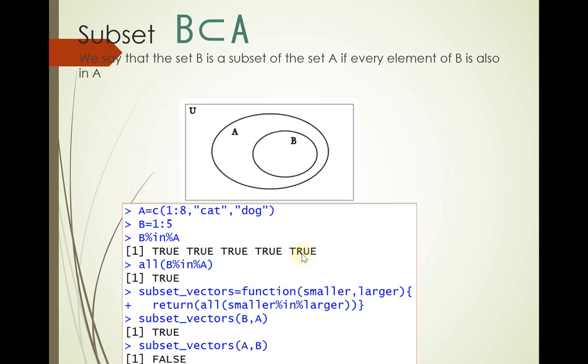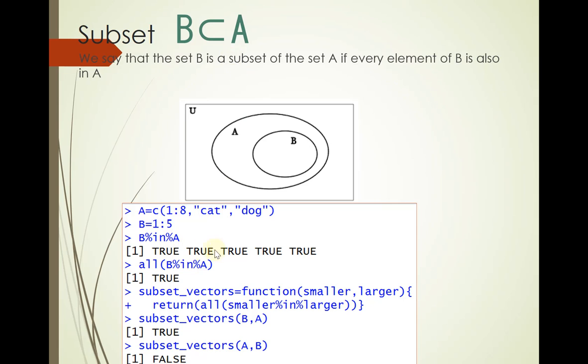So that is obviously working towards what we're trying to do, which is get a subset function. But if I just write this, I get that. When I make my subset function, I don't want the result to look like this. I just want to know whether B is a subset of A.